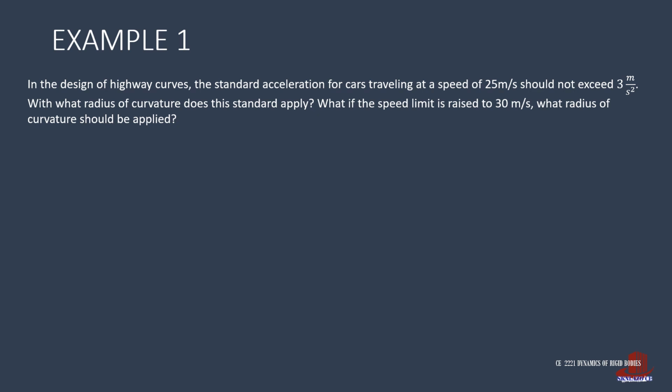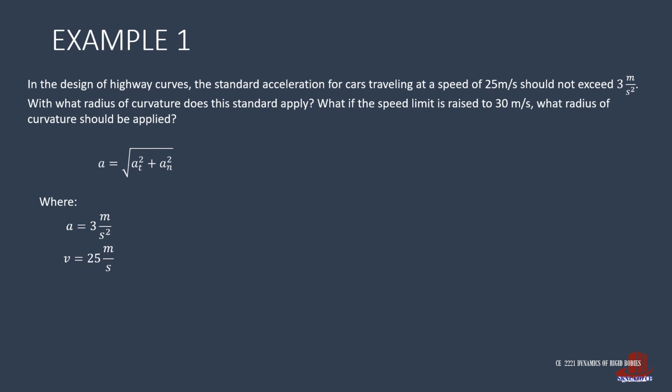The problem requires the radius of curvature, which we can find in the normal-tangential coordinate system. From the premise, the formula for acceleration is the root of the sum of the squares of the tangential and normal accelerations. The problem gives acceleration as 3 meters per second squared and velocity as 25 meters per second.